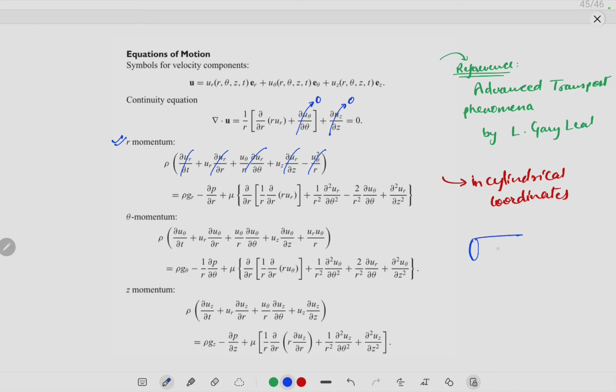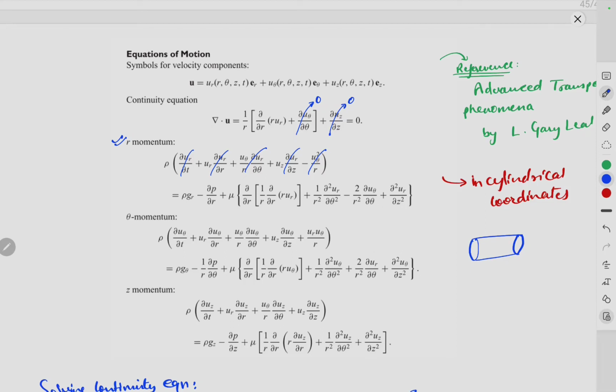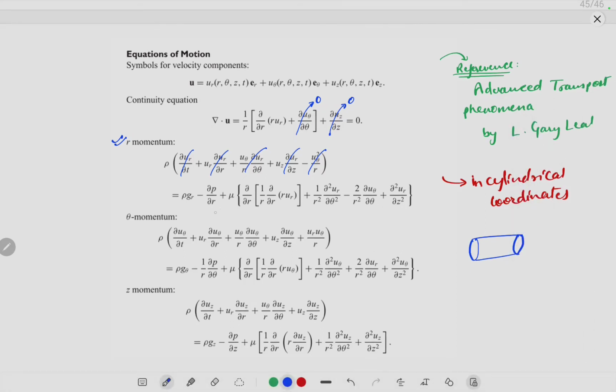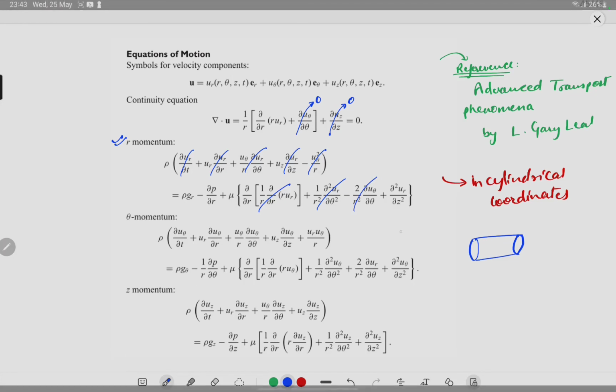The flow is like this. So gravity is acting in this direction, which is the r direction, so that's why I cannot take g_r to be 0. Then again u_r is 0, so I can take this to be 0, this to be 0, u_theta is 0, this will also be 0, and this will also be 0.